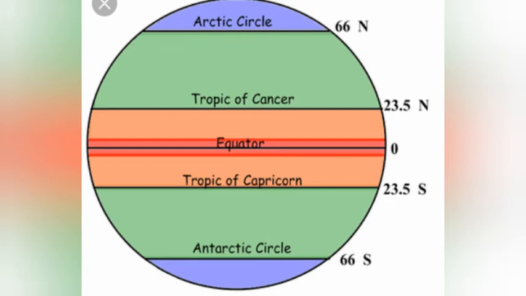There are 90 degrees of latitudes on each side, north 90 degree and south 90 degree, including the equator. Total 181 latitudes on the globe.